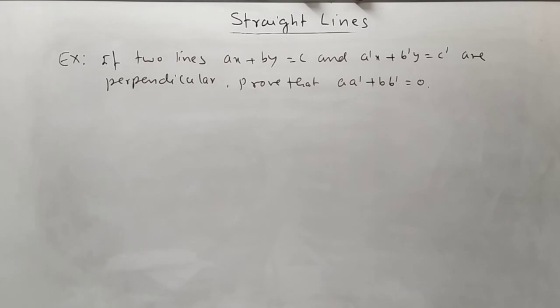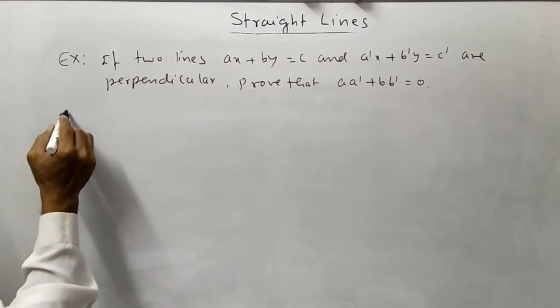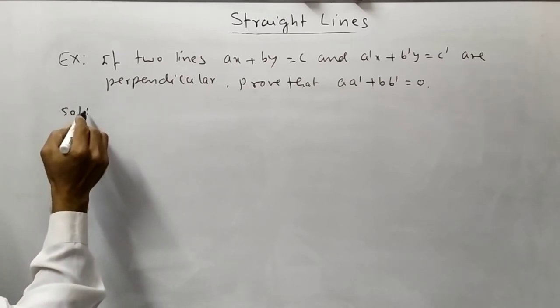Next question. If two lines ax plus by is equal to c and a dash x plus b dash y is equal to c dash are perpendicular, prove that aa dash plus bb dash is equal to 0. Solution.